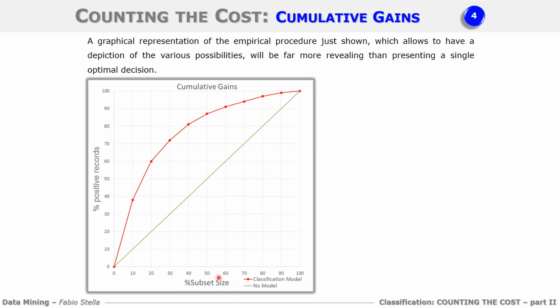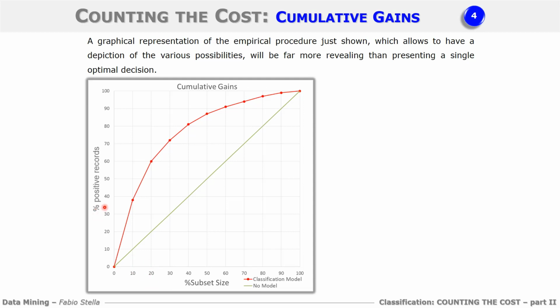The x-axis of this diagram is associated with the percentage of subset size, so it is the ratio of the cardinality of the selected subset to the cardinality of the original set. In particular, if the original set consists of 1,000 customers, then 10% will be equal to 100, 20% will be equal to 200, and so on.